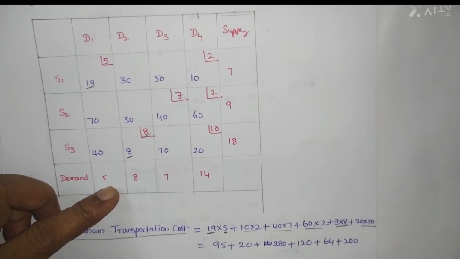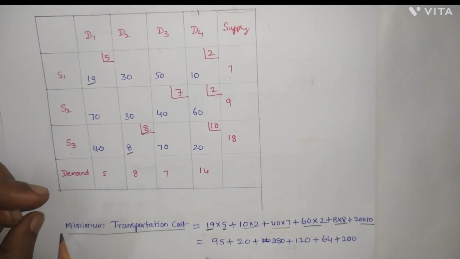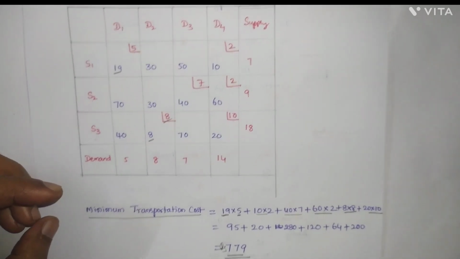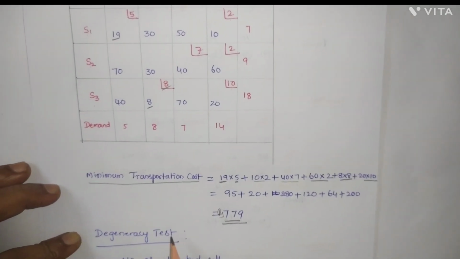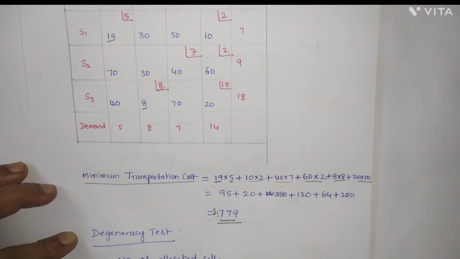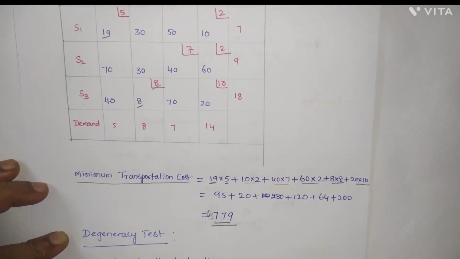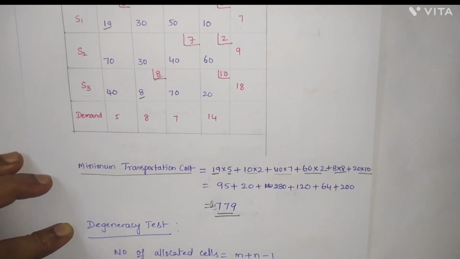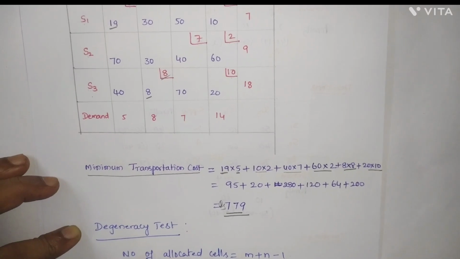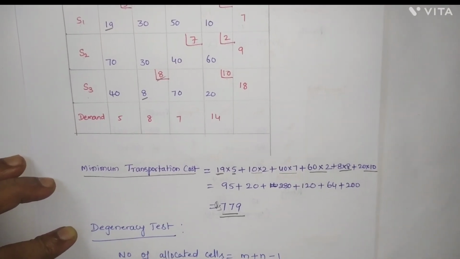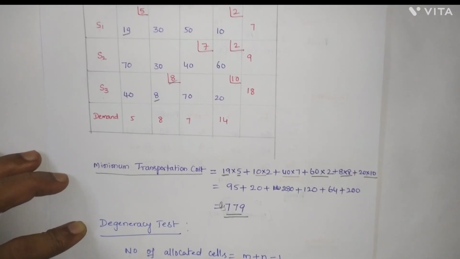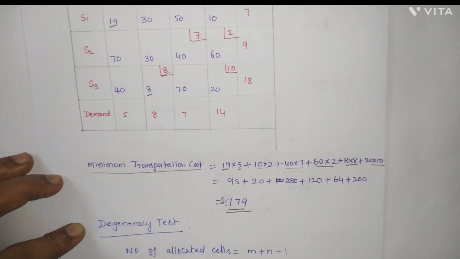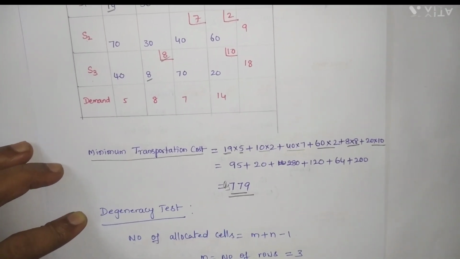So after calculation of the minimum transportation cost, we have to check the degeneracy test. The number of allocated cells should equal m plus n minus 1. If the number of allocated cells is less than m plus n minus 1, the problem is a degeneracy problem. If the number of allocated cells is equal to m plus n minus 1, there is no degeneracy in the given problem.